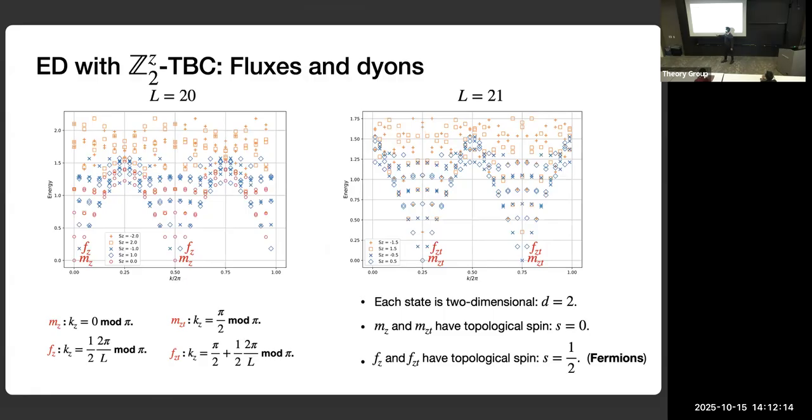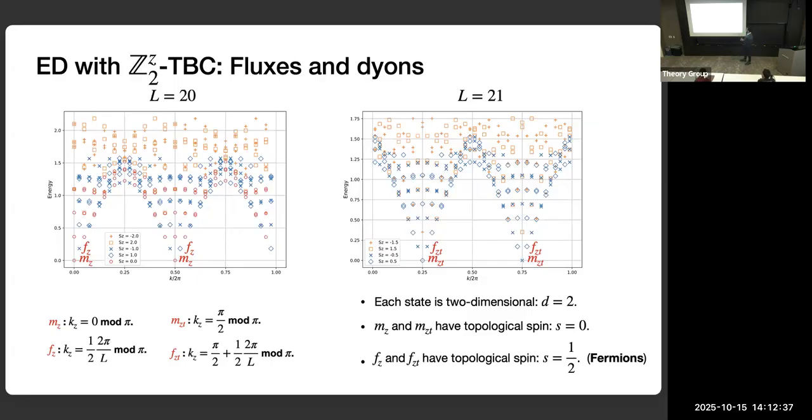But then the states at 0 and states at pi are mapped to each other by the Rx symmetry operator. So they are sort of degenerate. What one should do ideally is fold the Brillouin zone so that these states actually fall on top of each other and then become really degenerate.